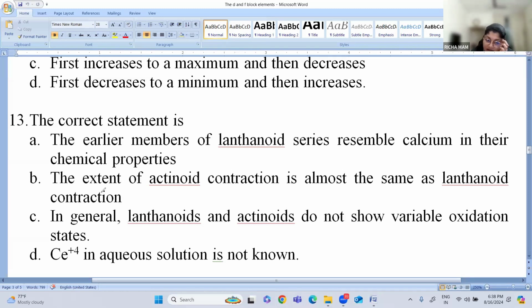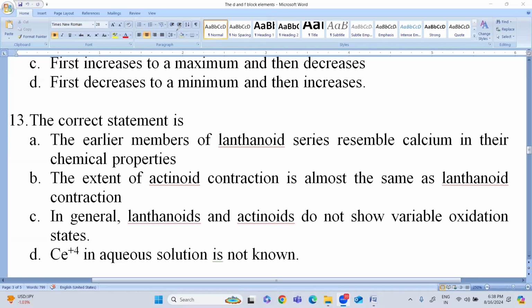C, in general, lanthanoids and actinoids do not show variable oxidation state. And D, cerium plus 4 in aqueous solution is not known. So which is the correct statement among the following? Try to answer. Which is the correct statement among the following?